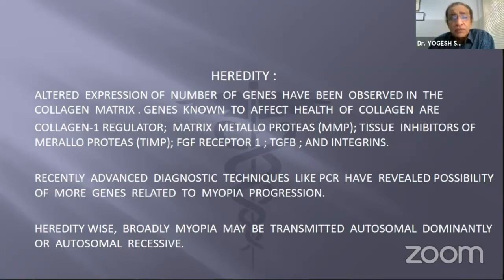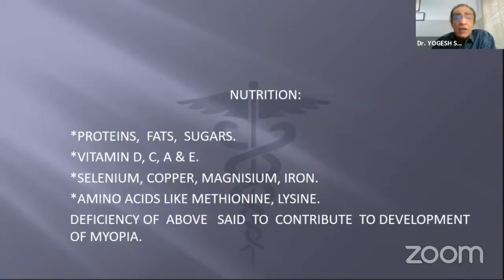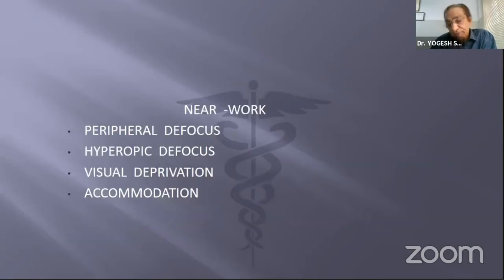I'm not going to detail that because it's not important for us. Nutrition: almost every nutrient has been indicated to be a cause of progression of myopia. The most important is vitamin D. The research now shows that children who are deficient in vitamin D are more prone to the progression of myopia.